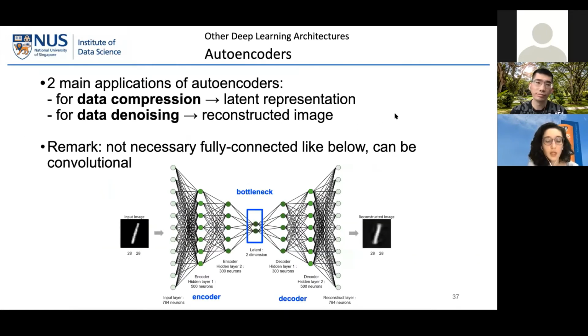Okay. Now, autoencoders. So two main applications of autoencoders. First is data compression using a latent representation, and data denoising using the reconstructed image. Here also I put some image examples because it's quite visual.